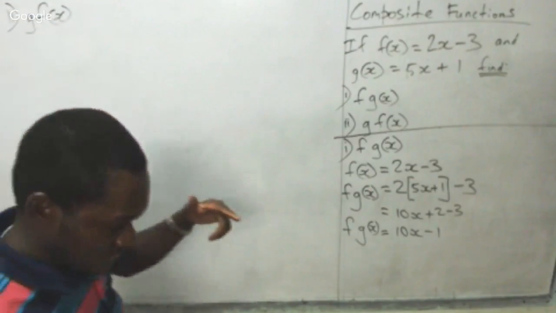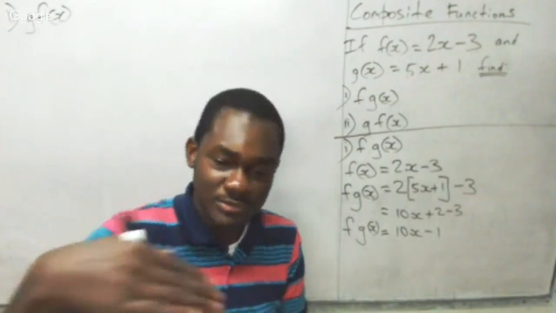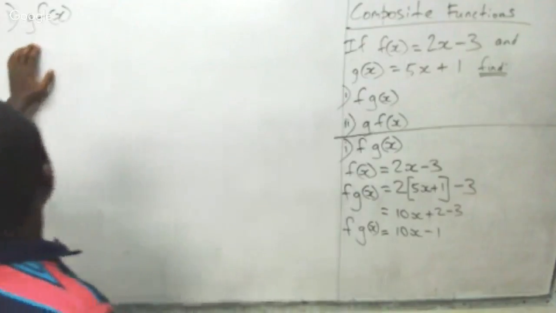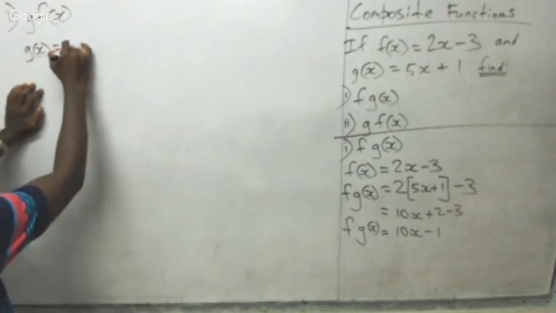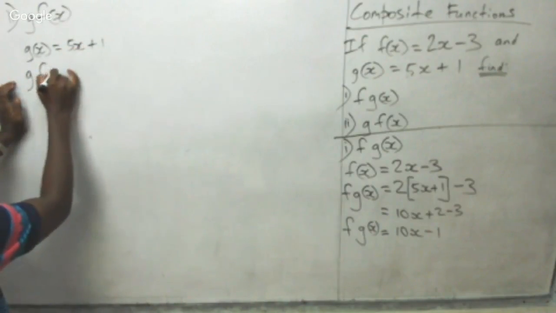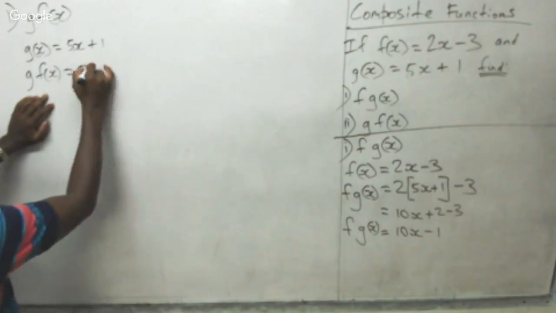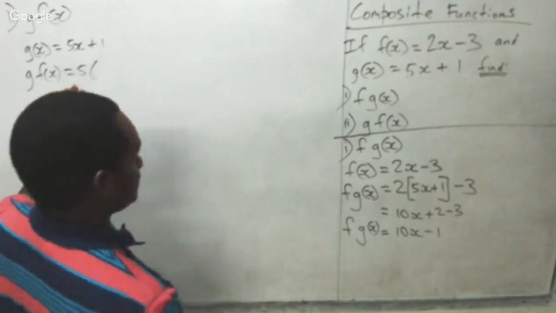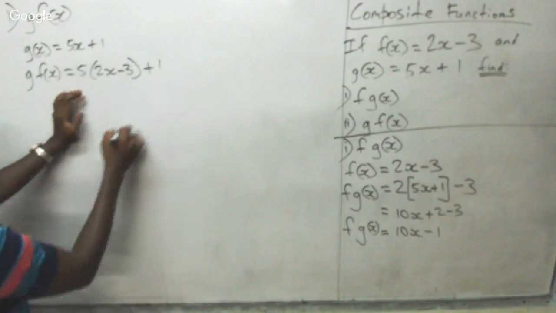So what are we going to start with? g. The g is our container that we're putting something in. So g of x equals 5, and what are we going to put? 2x minus 3, plus 4.